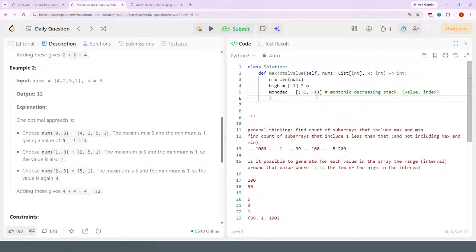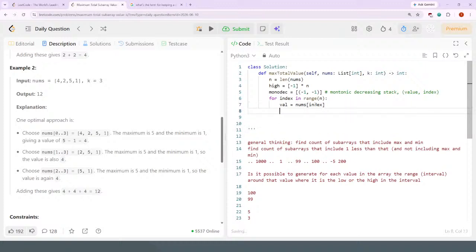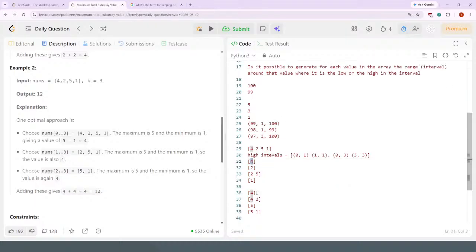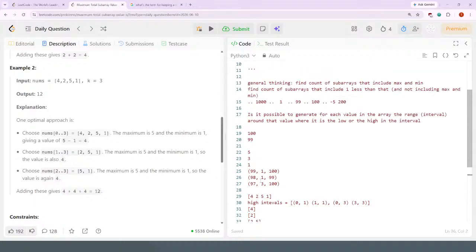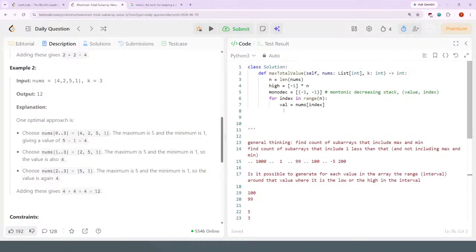For every index k in range n, the value is nums at this index. So initially the stack is just 4. Actually, it's monotonic decreasing. Yeah, it's fine.